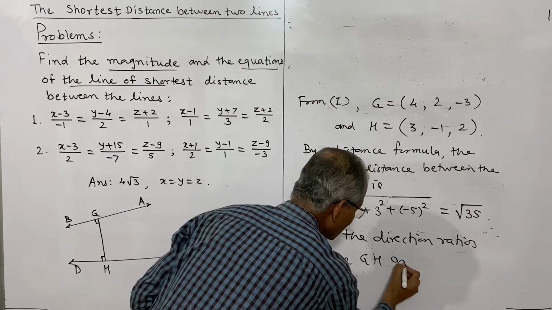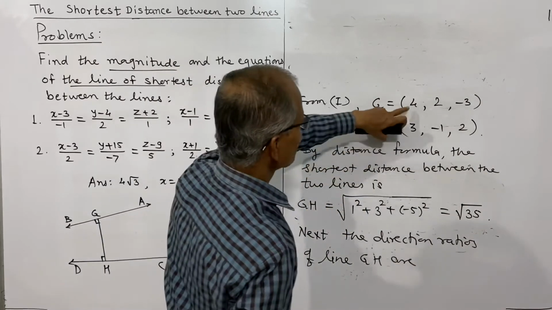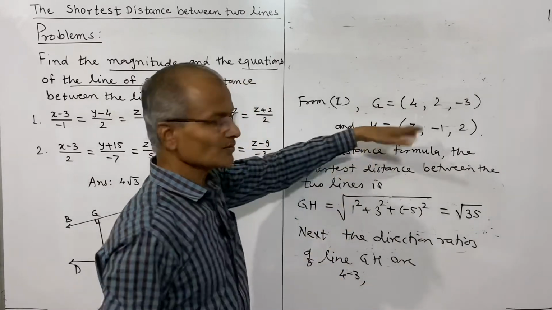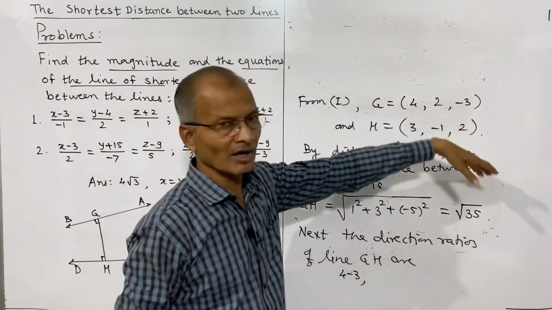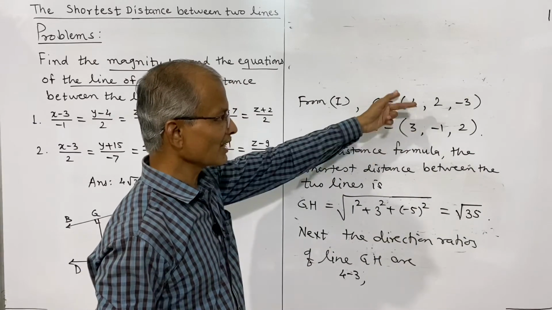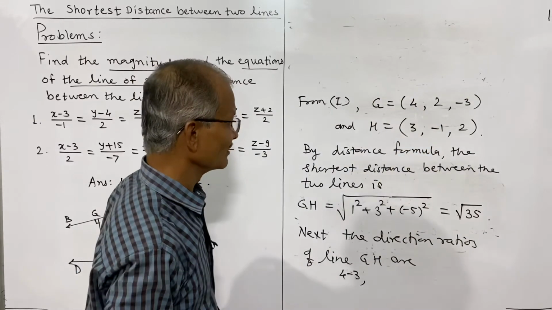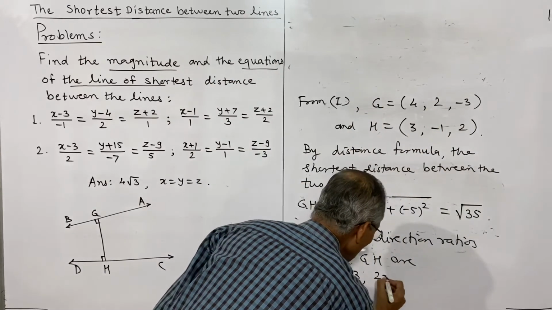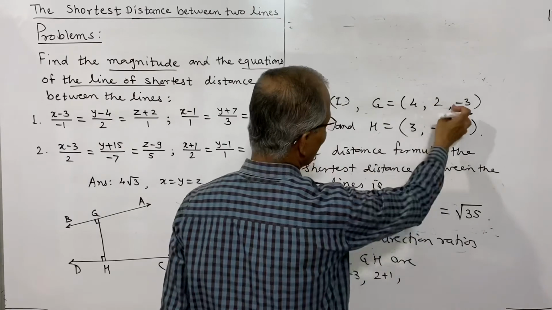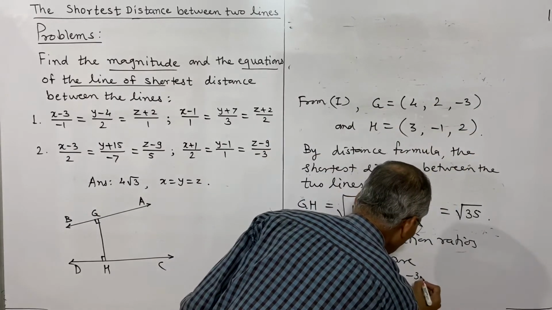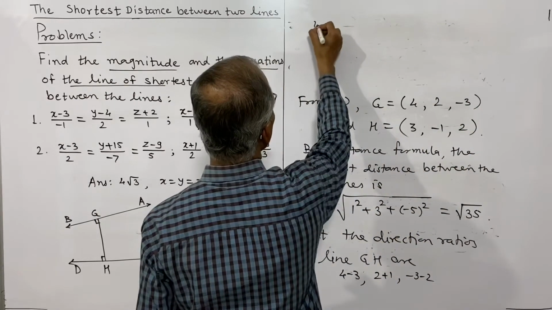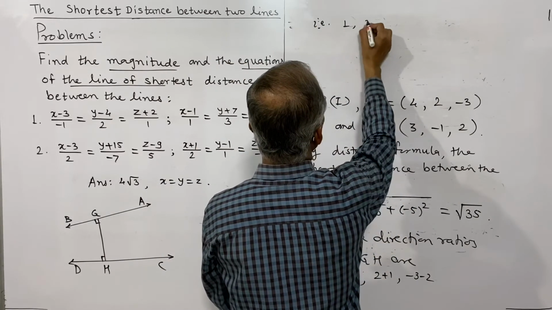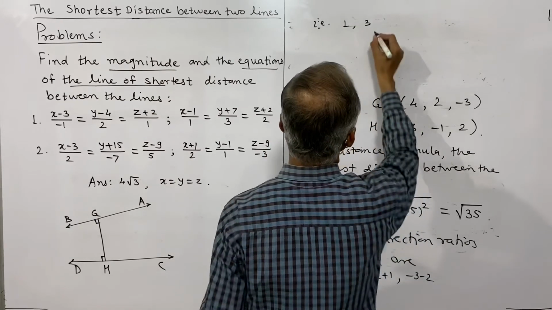The direction ratios of line GH are 4 minus 1, 4 minus 3. We may write x1 minus x2, y1 minus y2 and z1 minus z2, or x2 minus x1 and so on. Anyway, we subtract the coordinates: 2 minus minus 1, that is 3, and minus 3 minus 2, that is minus 5. So the DRS of GH are 1, 3 and minus 5.